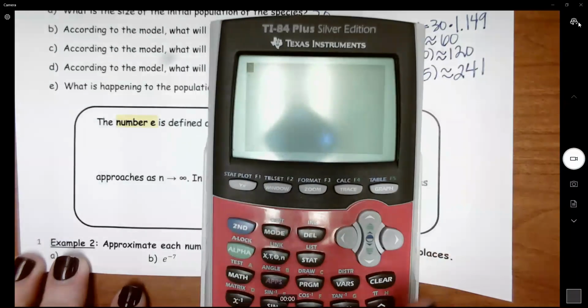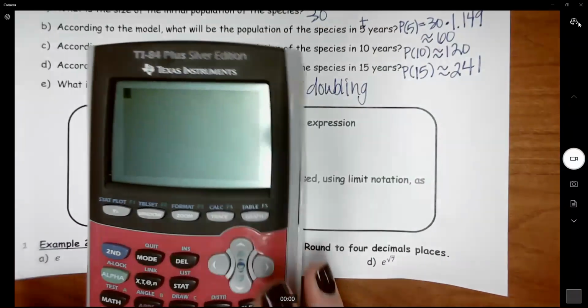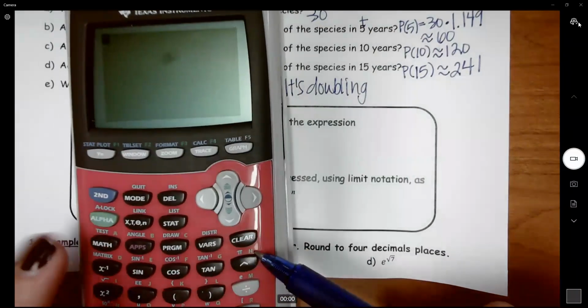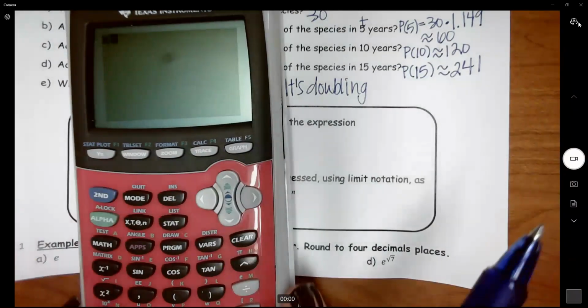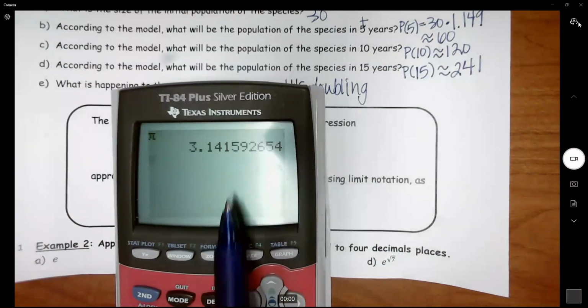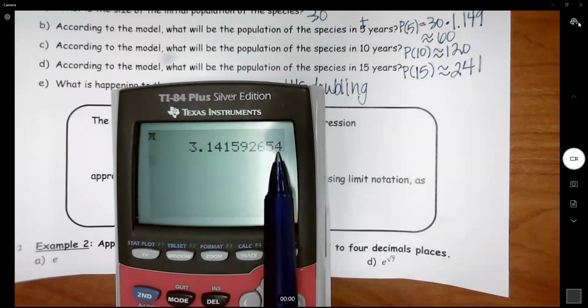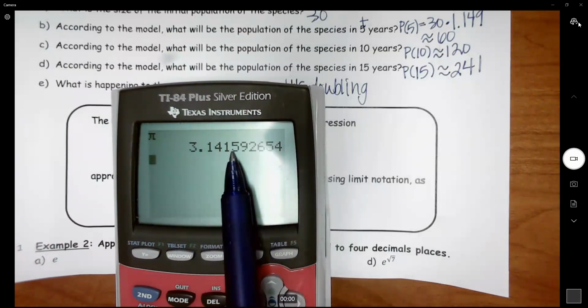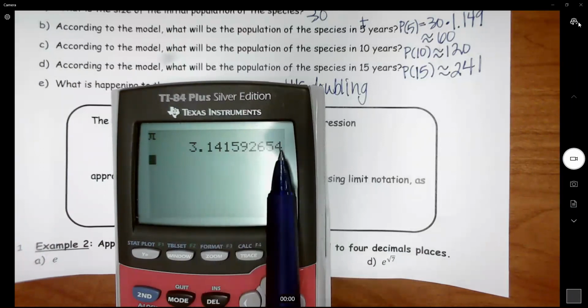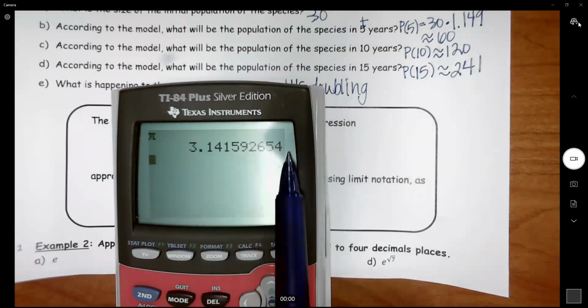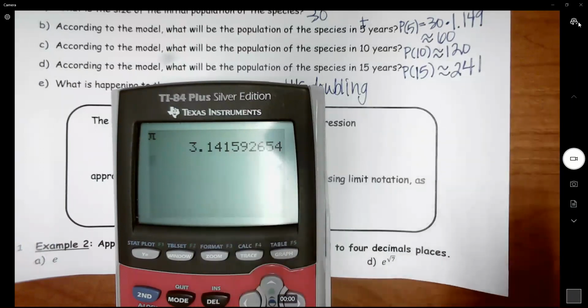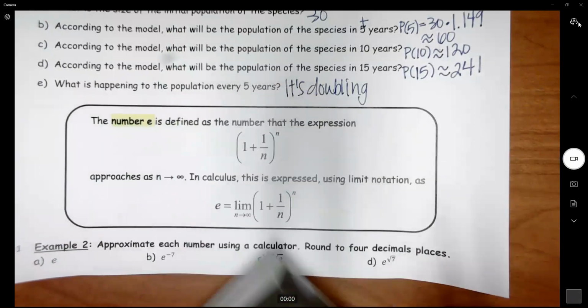But if you put pi into your calculator, which is right above the caret key, so I'm going to go second caret to get pi, this number actually goes forever. It only stores 1, 2, 3, 4, 5, 6, 7, 8, 9 decimals, but this number never really stops. It keeps going forever. E is exactly the same way.